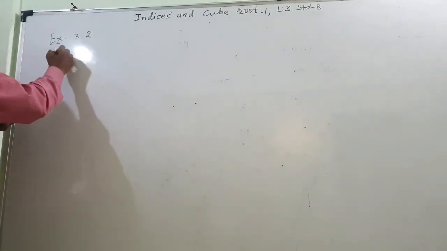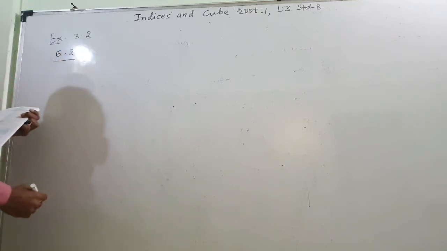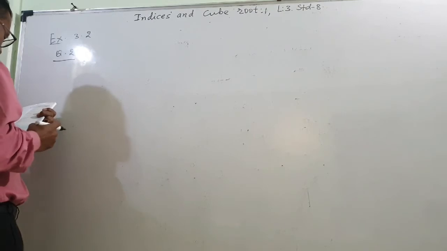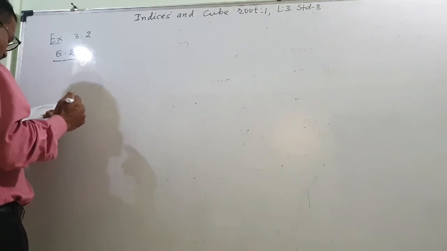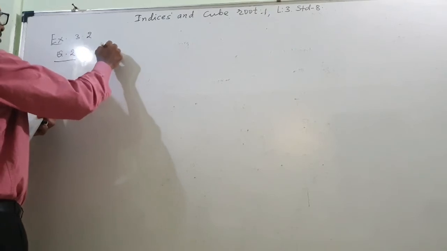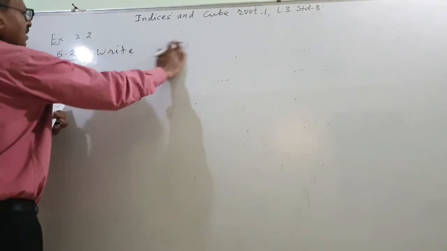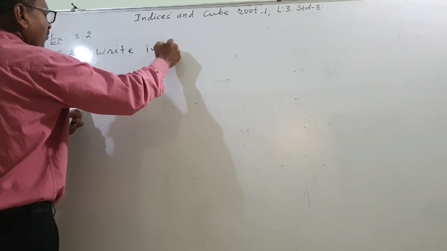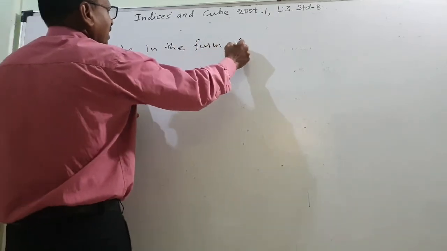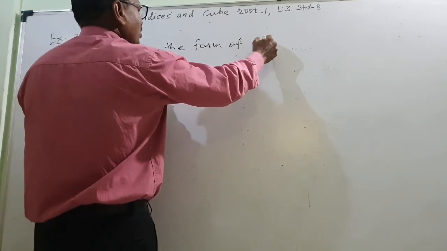Question 2. Earlier was question 1. So write the following numbers in the form of the rational indices. I will write only indices.